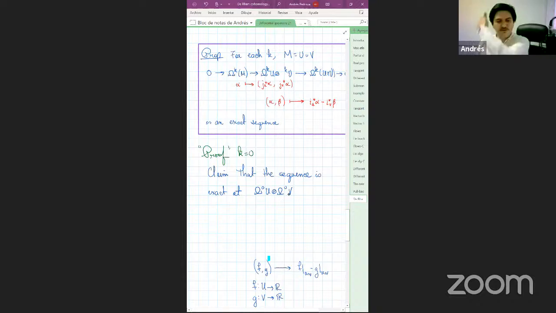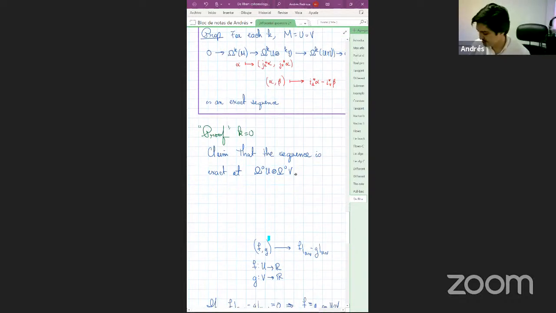There. I want to prove that I have two maps on that vector space. I want to prove that the kernel equals the image. That is, the image of the map equals the kernel.